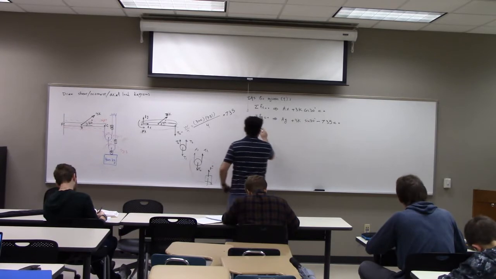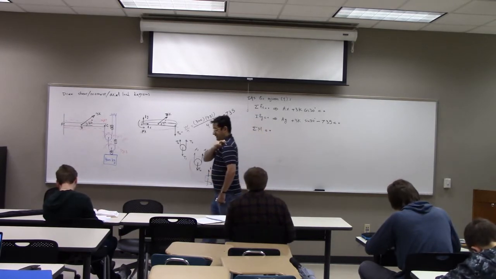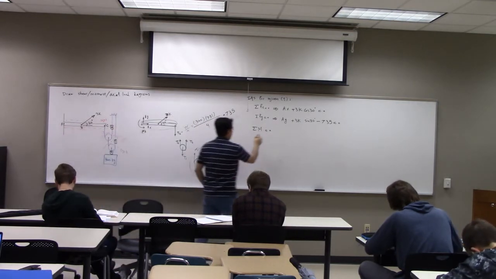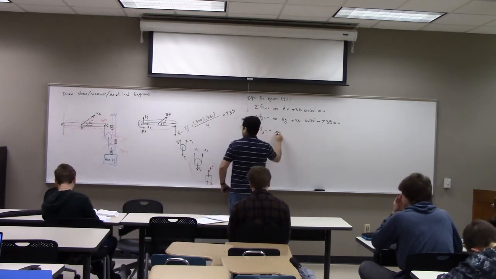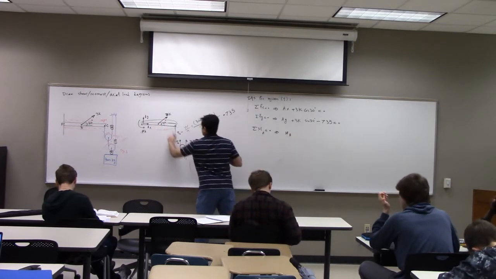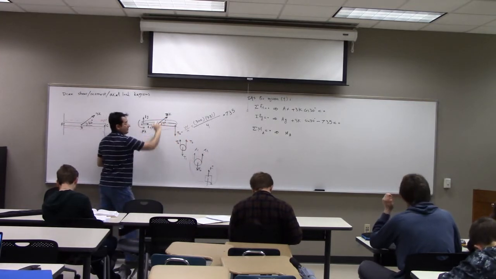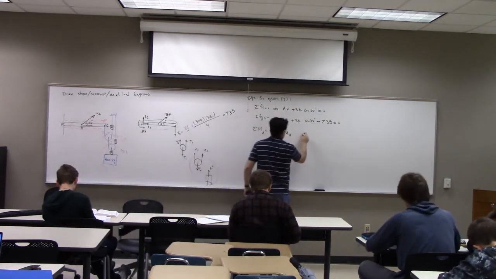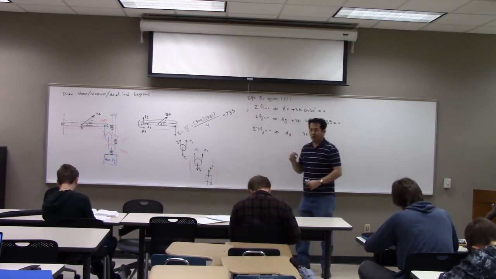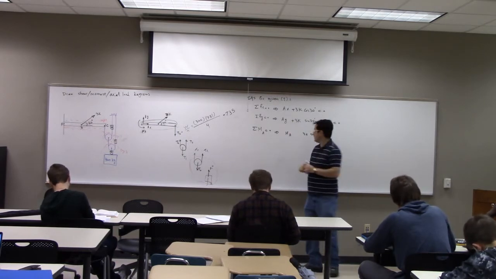And summation of moment about any point is 0. What point do you take? A. So if I take A, then I get MA. This will cancel out. Then the moment of that is 3k sine 30, the vertical component. You remember, to compute the moment, we have to first break it down into components, get the moment, and compute it.